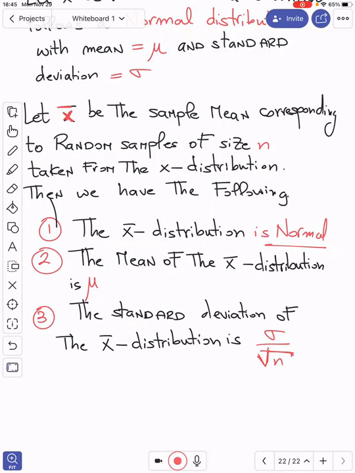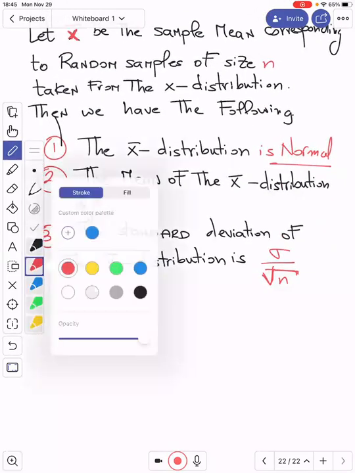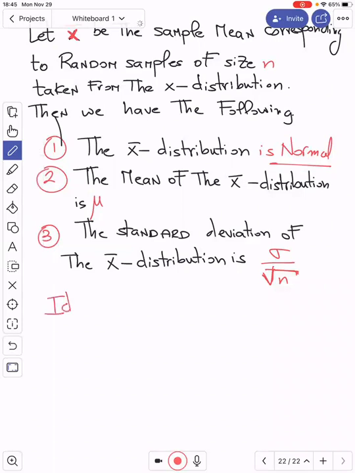So what the theorem says is the following. The x bar distribution is normal.